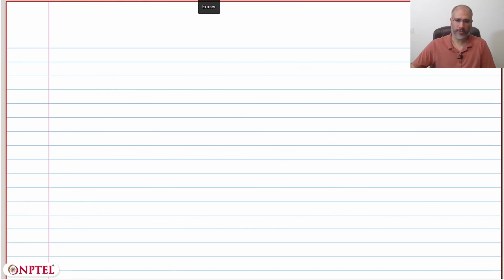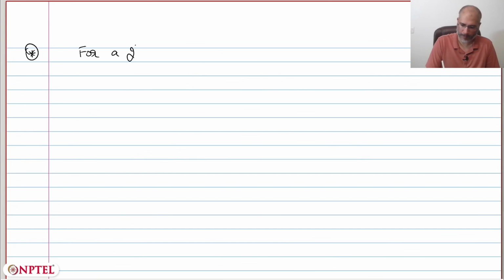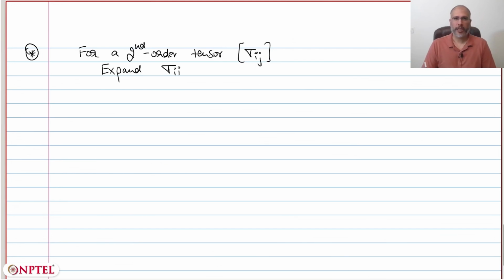Now let's try to apply or test this notation for tensors of higher order. Till now we've been working with vectors, but why not apply it to second order tensors? The problem says that for a second order tensor sigma ij, expand sigma ii.